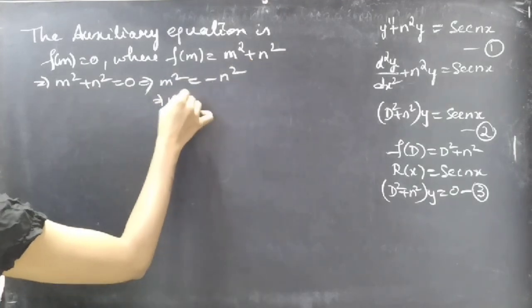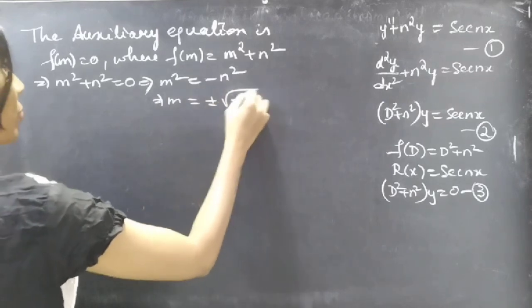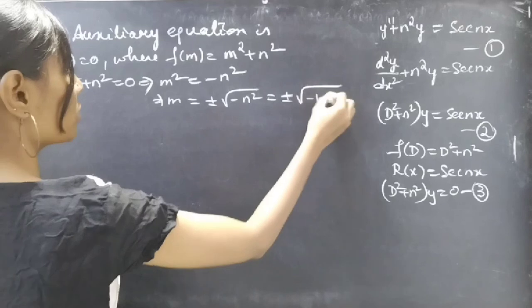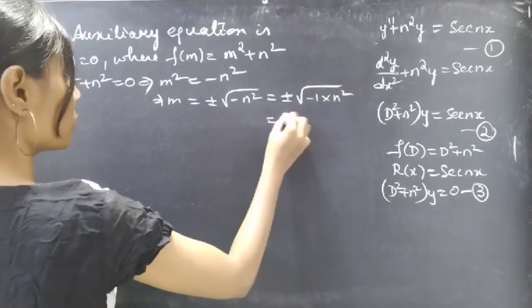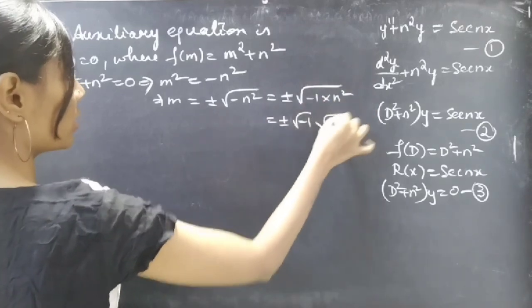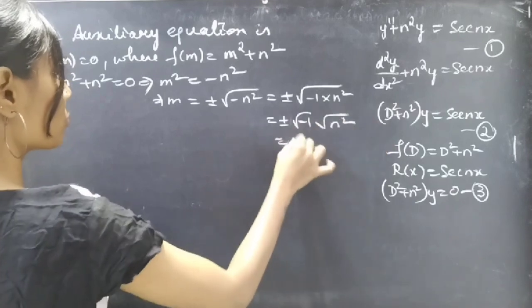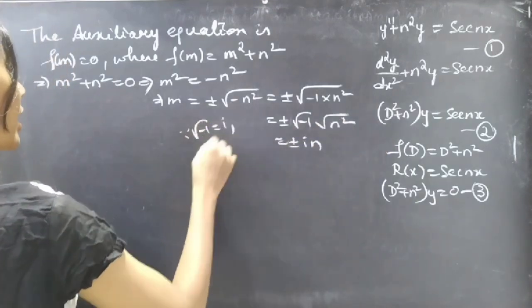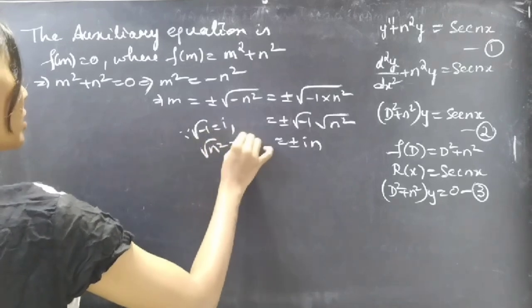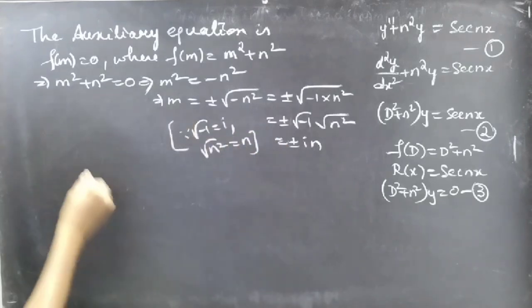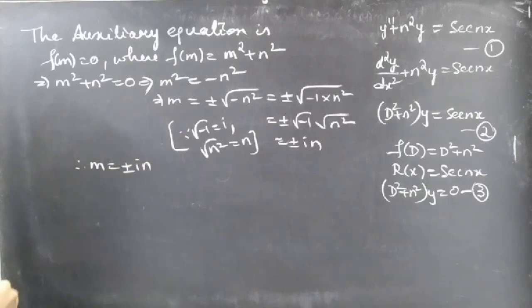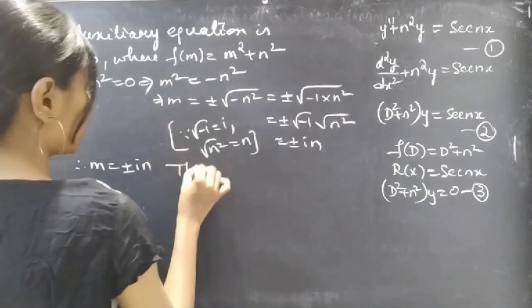We'll get m equal to plus or minus square root of minus n square, and we can write minus n square as minus 1 into n square and split the square root. Square root of minus 1 into square root of n square is equal to plus or minus i into n, since square root of minus 1 is i and square root of n square is n, right? Therefore m equal to plus or minus in. The roots are complex conjugate.